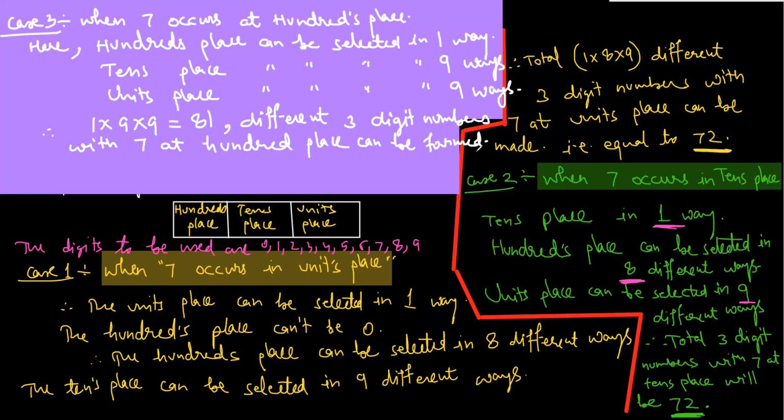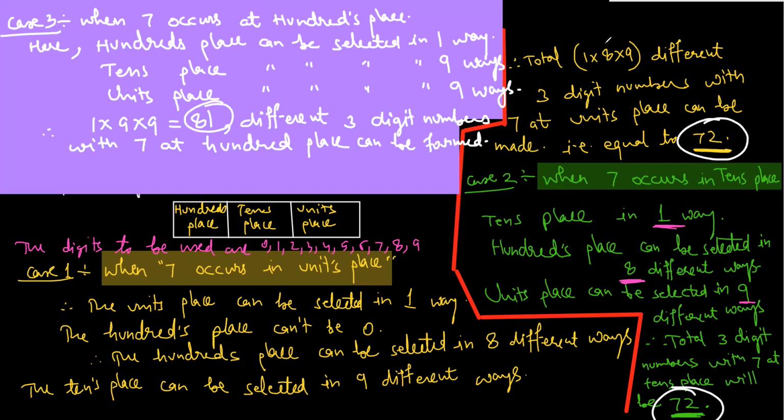Now, what were they asking? Total how many three-digit numbers are there such that 7 occurs only once? So see, you have found all the possibilities. So what you will do? 72 plus 72 plus 81. Please add it, students.